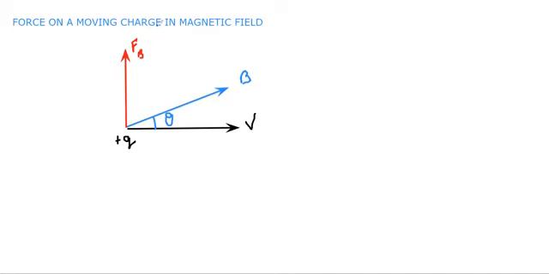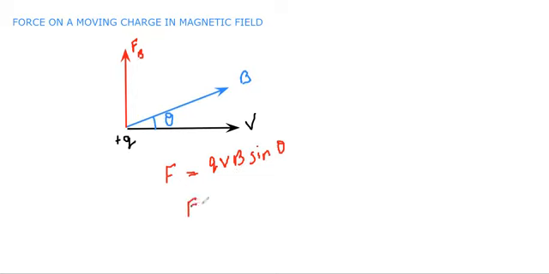Now, this force depends on the velocity of the charged particle, the magnetic field, the charge, and the angle between the velocity and magnetic field. So this force, that is the magnetic force, is equal to QVB sine theta, where theta is the angle between V and B, velocity and magnetic field.